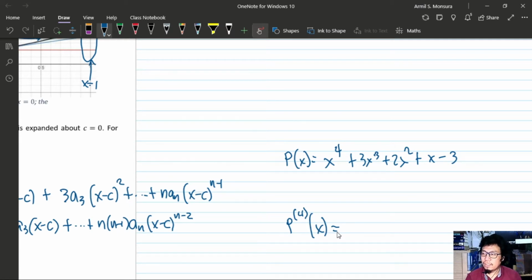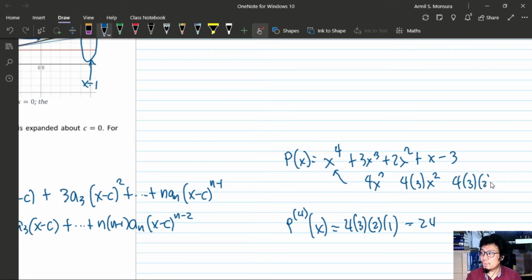It's 4 times 3 times 2 times 1, so that's 24. Because in the first derivative, that becomes 4x cubed. In the second derivative, that becomes 4 times 3 times x squared. In the third derivative, that becomes 4 times 3 times 2 multiplied to x. So for its fourth derivative, it would become 4 times 3 times 2 times 1, so 24, and it's a constant.